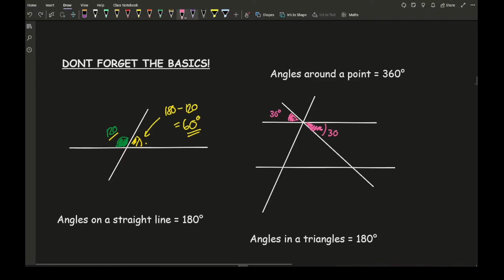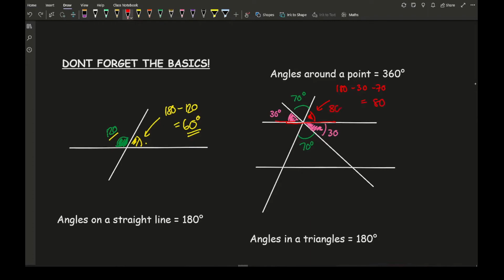Let's say this angle here is 70 degrees, then this angle here is also going to be 70 degrees. And I also know that because that green angle and the pink angle lie on a straight line, to work out this red angle, all I need to do is 180 minus 30 minus 70, which gives me an answer of 80 degrees.